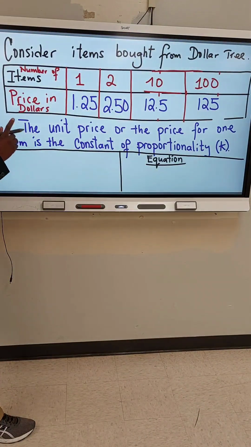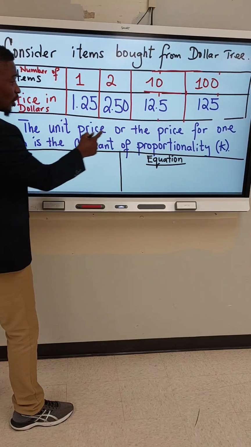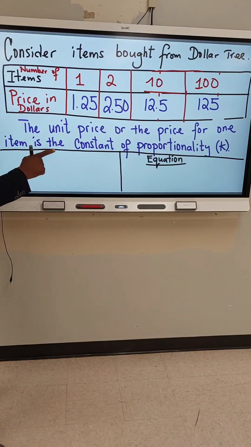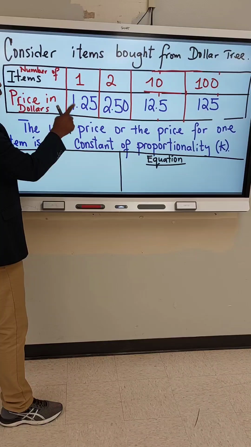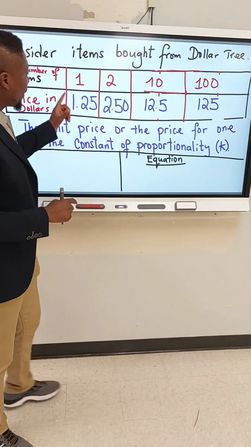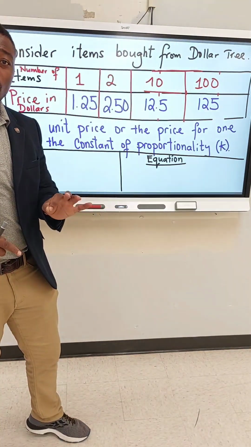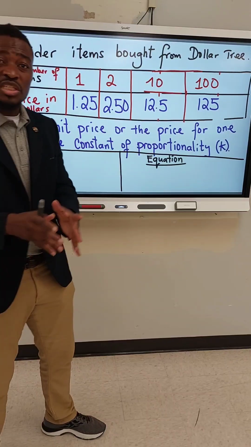In this scenario of the Dollar Tree, the unit price, or the price for one item, is the constant of proportionality. So we have been told here that one item costs $1.25. That makes $1.25 a multiplier. It does not change. The cost for one item is not changing. It is a constant multiplier.